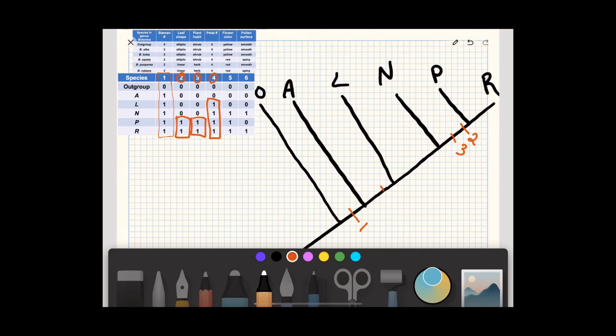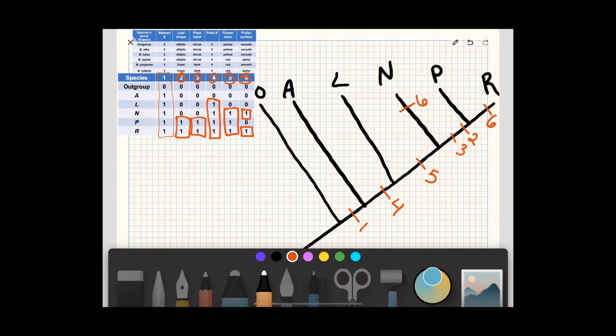But looking at trait 4 now, L, N, P, and R all have that. Well, conveniently, L, N, P, and R form a monophyletic group, and so we can subtend that node of the common ancestor of L, N, P, and R with trait number 4. Trait number 5 has a similar situation, but it's just shared with that small monophyletic group N, P, and R. But trait number 6 is a different one. This one we cannot form a monophyletic group with. And the only other thing that could have possibly happened if both N and R have this derived condition is it must have evolved twice.